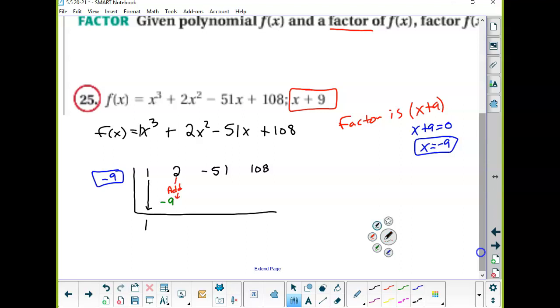So 2 plus negative 9 is negative 7. To go back up, we multiply. Negative 9 times negative 7 is a positive 63. We add to go back down. So what is that, 12?